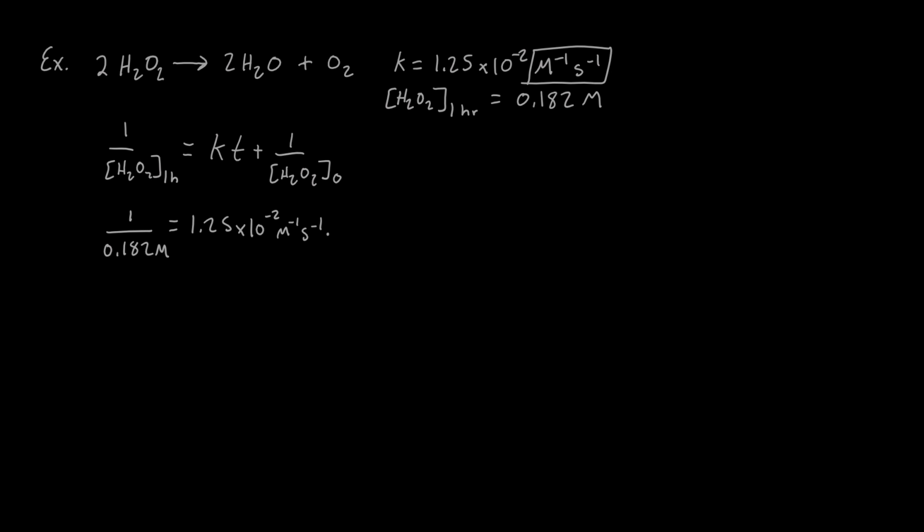So 1 hour is equal to 60 seconds per minute times 60 minutes in an hour. So that should be 3,600 seconds in an hour. And then we can add what we're trying to solve for.